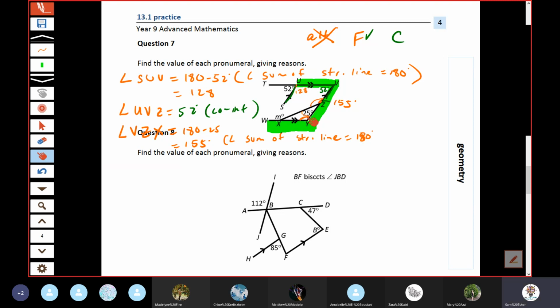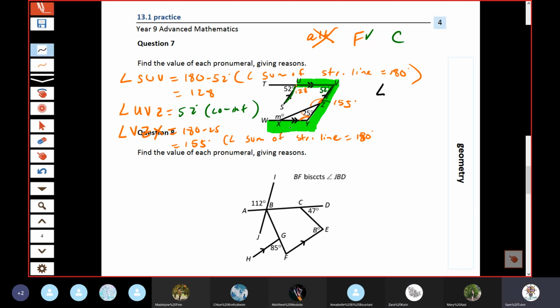Or another way you could have said it, Zara, is if that's 128, aren't opposite angles of a parallelogram technically equal? If that was closed, you can see that would have just been a parallelogram anyway. Now you can't use that because it's not a parallelogram, but I just want to show you that it could have become a parallelogram very quickly. Yep, you see that?